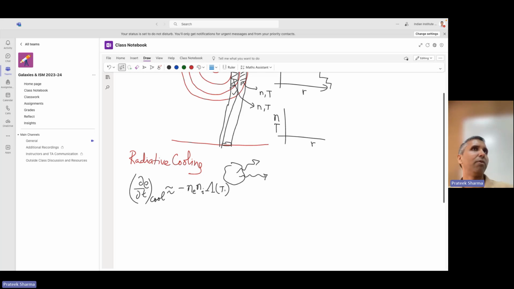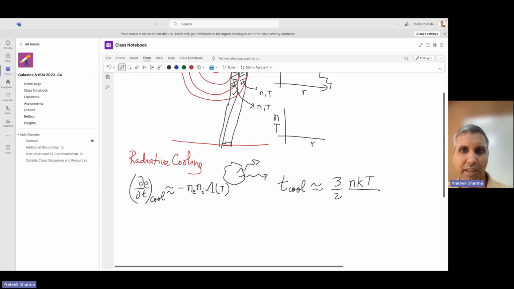You have protons or ions and electrons being accelerated by them. Right? So the radiation is proportional to n squared. Okay, so we can define something called the cooling time, right, which is nothing but the thermal energy of the system divided by this.